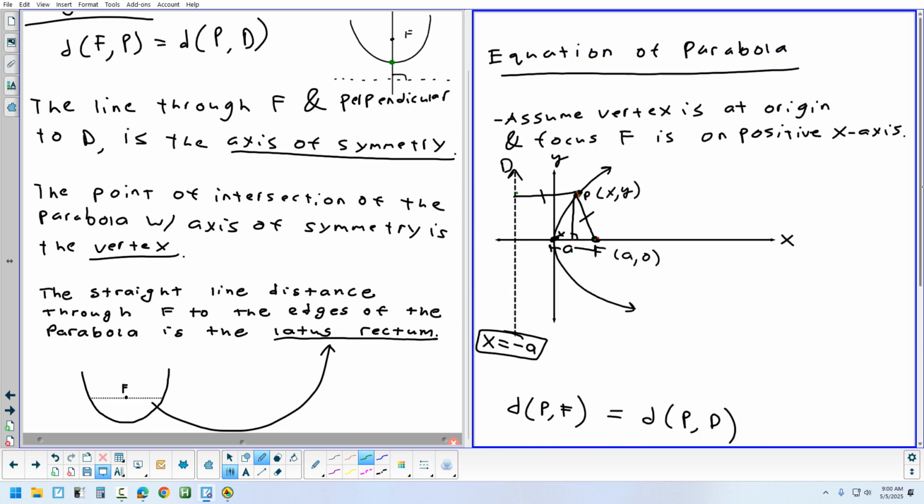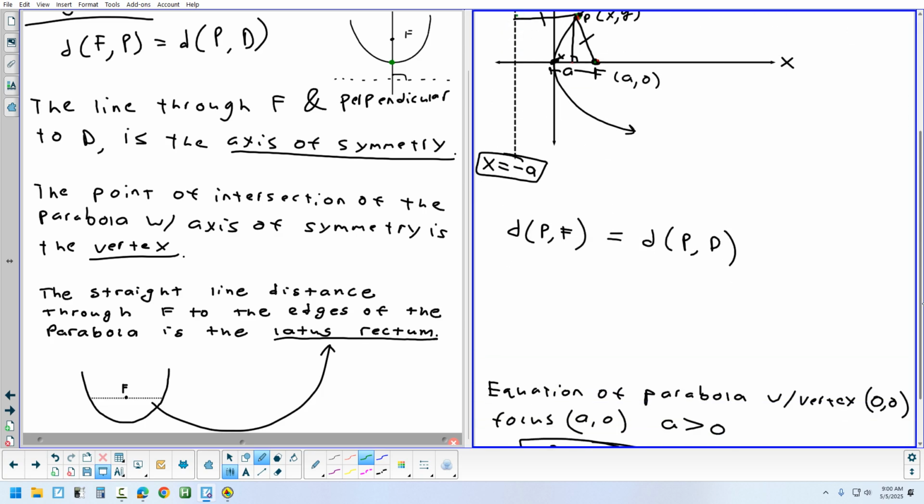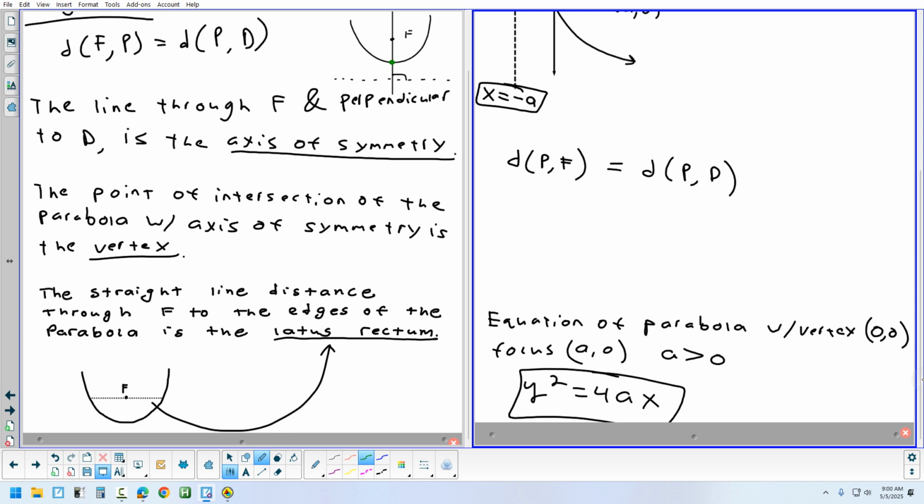What we need to know for the equation of a parabola is this one. This is the equation of a parabola where the vertex is at the origin and it opens to the right.